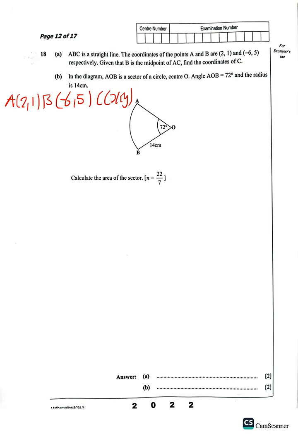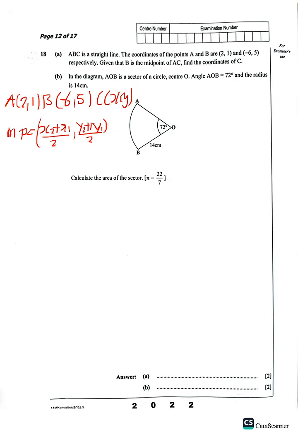So our work, we need to find the coordinates for C. So how do you find the coordinates for a missing point given the coordinates for the midpoint and one point? Let's first write the formula for the midpoint. Midpoint is equal to (x2 plus x1) divided by 2, (y2 plus y1) divided by 2.